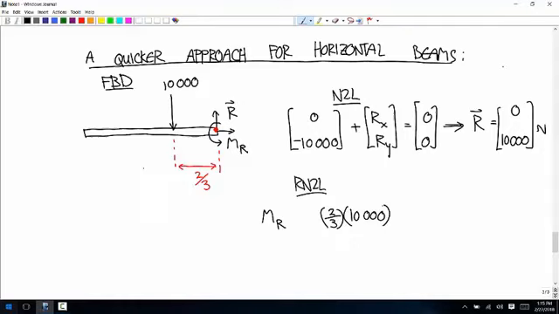In this case, a downward force of 10,000 would make it rotate counterclockwise, so this is positive. And it saves you the time of writing out that whole table, calculating the vectors and stuff. We get the same answers. That's good. It's not very useful if you get different answers.